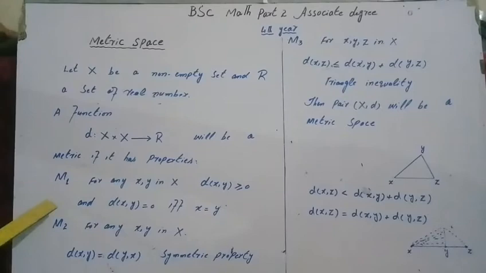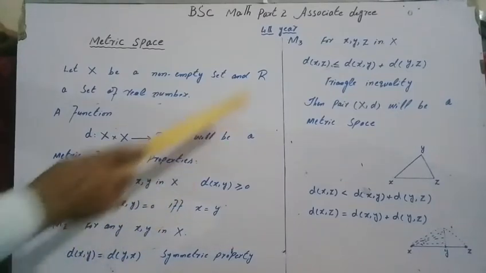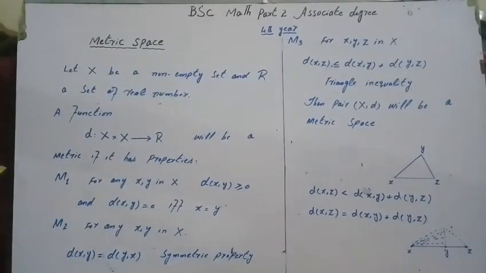If the following properties M1, M2 and M3 are satisfied, then this X together with this metric d will be a metric space. Here the very important thing: a metric is a distance function.